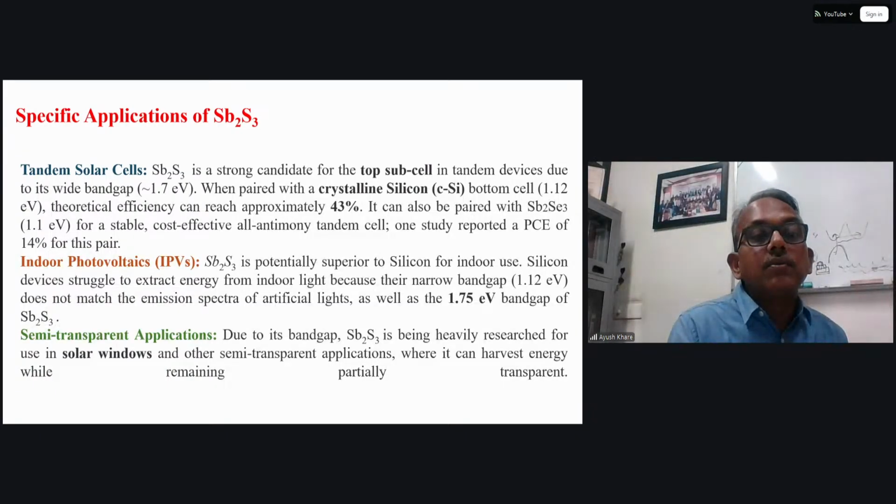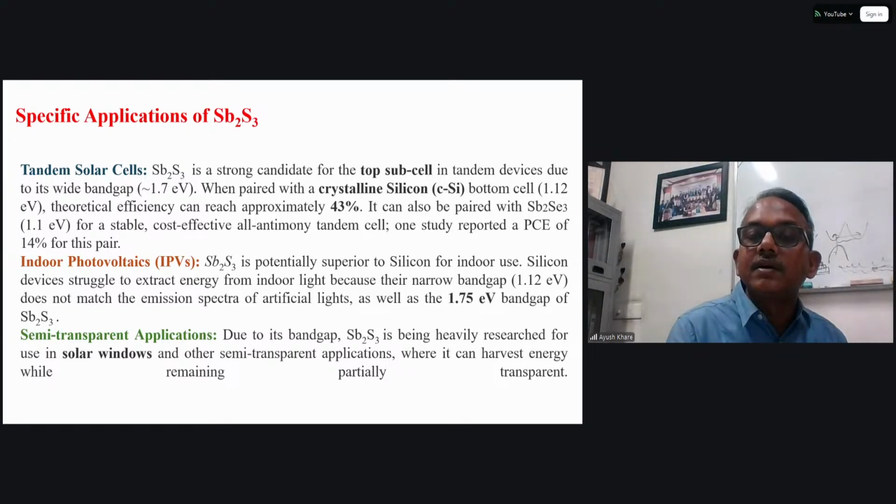So indoor photovoltaics: so far you have seen that solar panels are installed on rooftops, but there are other classes also, right? There are going to be bifacial solar cells, which absorb energy not only from the top but from the bottom surfaces also. There are going to be flexible solar cells, meaning you can fold them, lay them down, and have any structure.